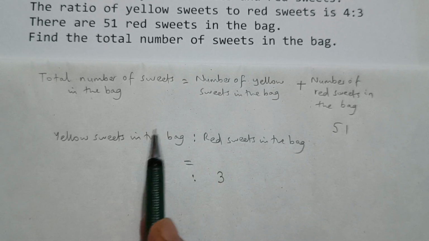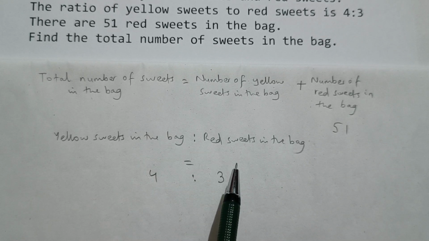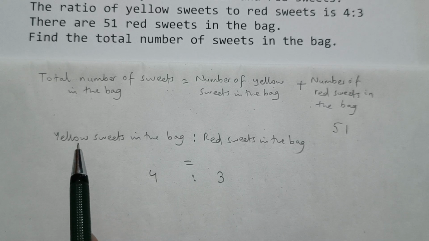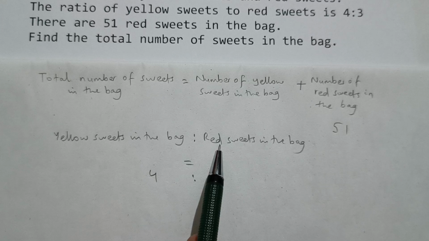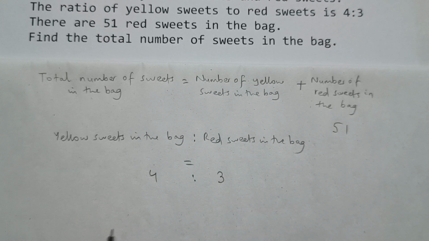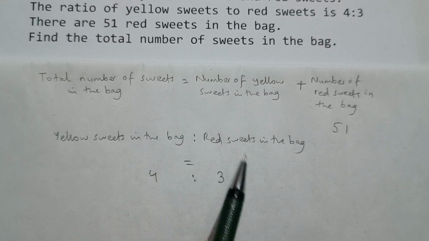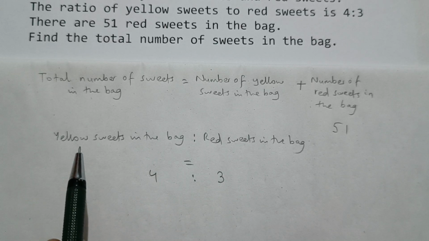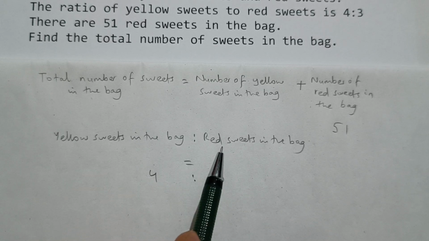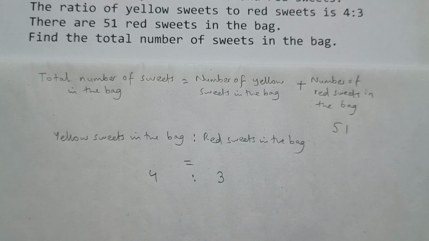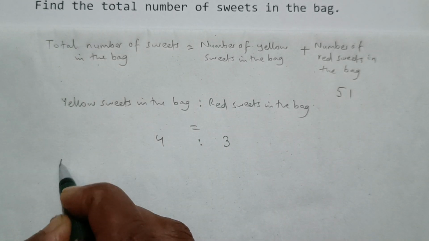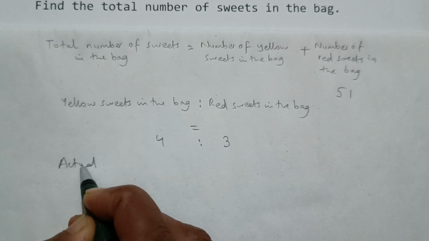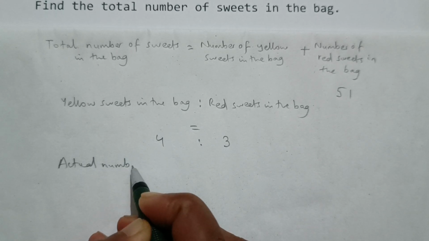Now from this ratio I can find the actual number of yellow sweets in the bag and the actual number of red sweets in the bag. Because we have been given this ratio, I can find the actual number of yellow sweets and the actual number of red sweets.